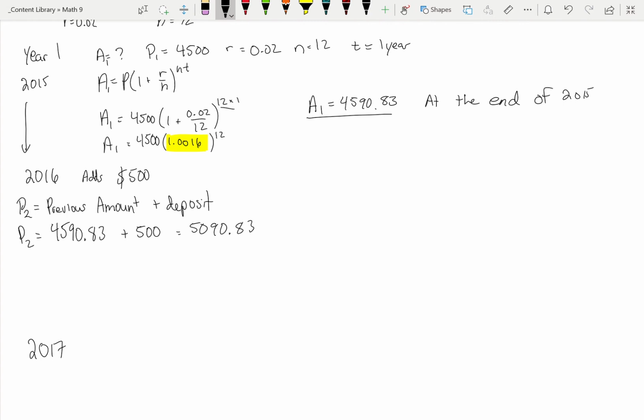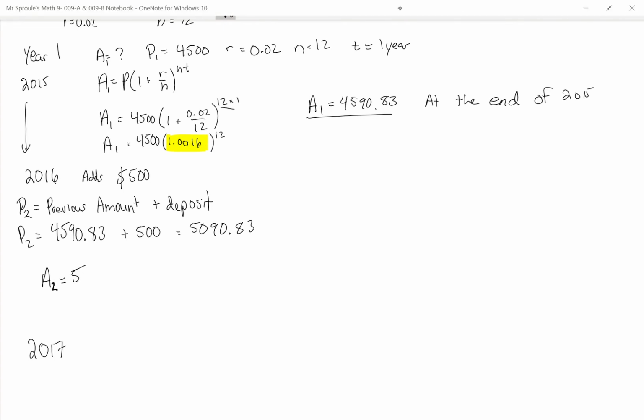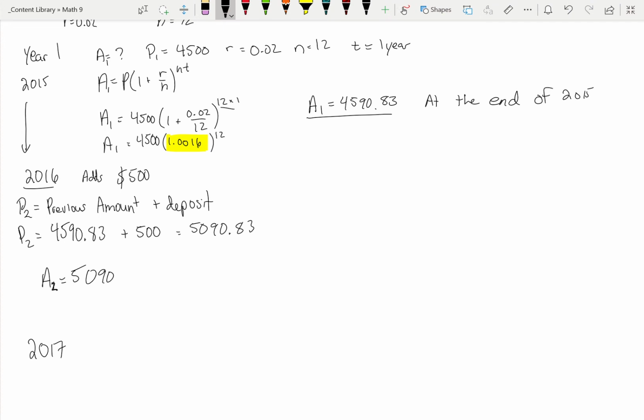So then this new value is $5,090.83. So then A2, because now I'm solving for my second year, is $5,090.83 times 1.0016 to the power 12, which comes in handy because it will not have changed during the second year.